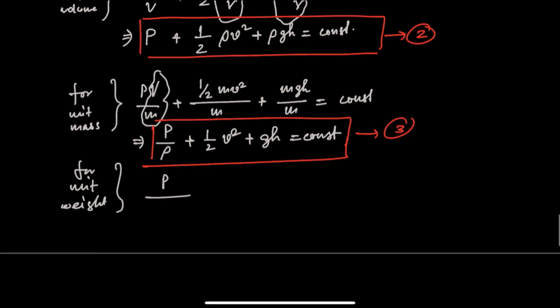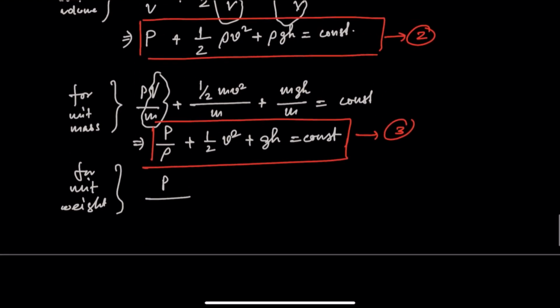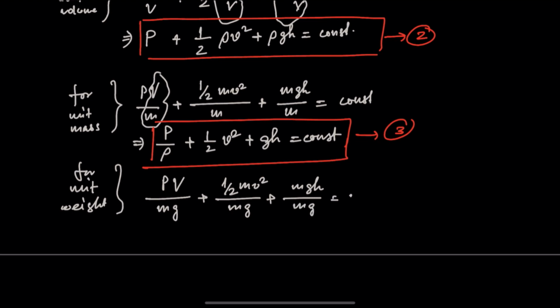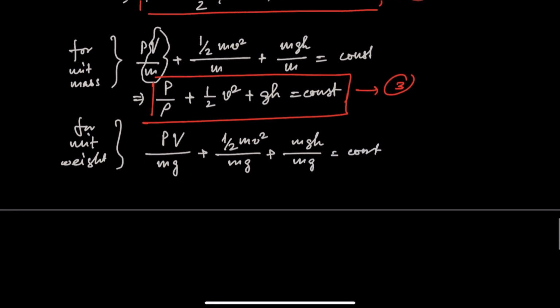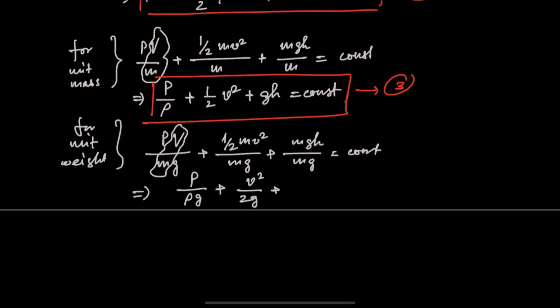So this PV by mg plus half mv square divided by mg plus mgh divided by mg is equal to constant. Here V by m is again 1 by rho, so this becomes P by rho g plus v square by 2g plus h is equal to constant.